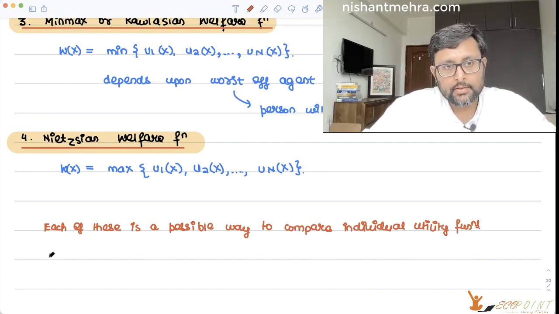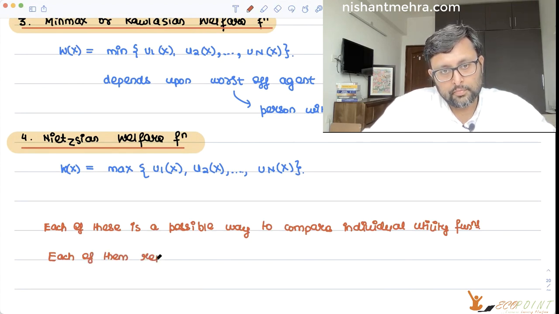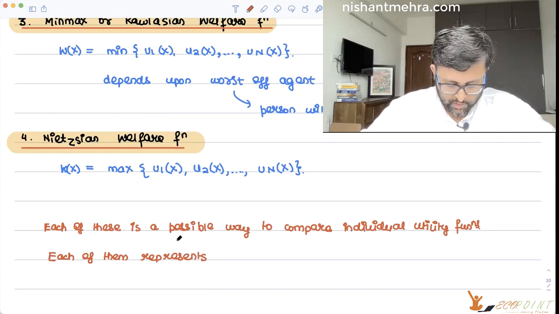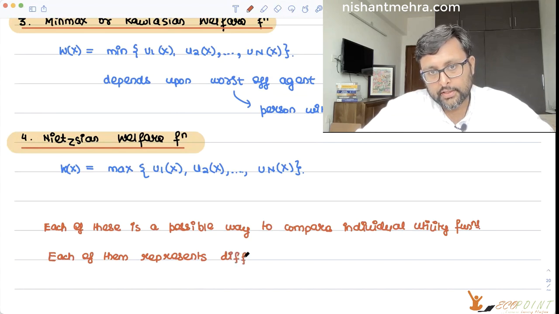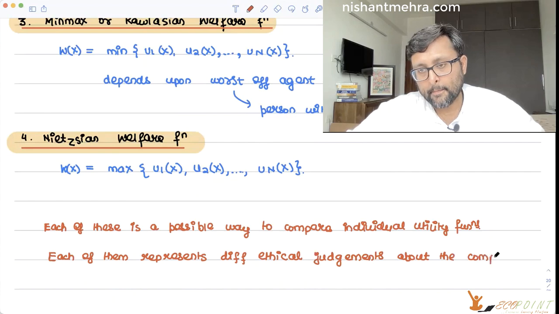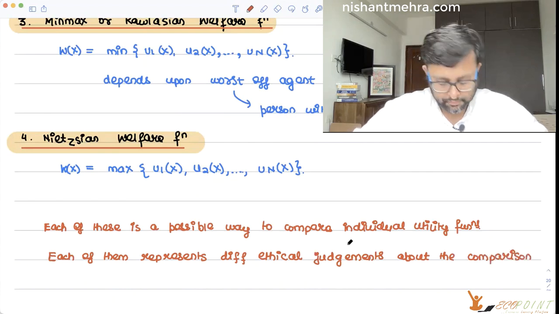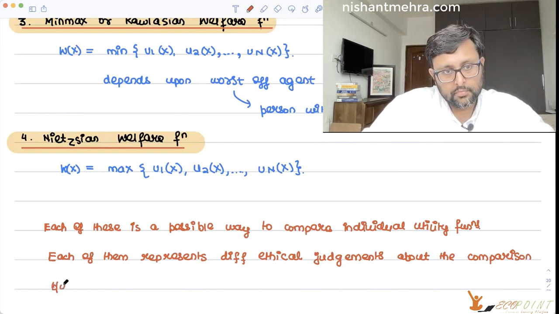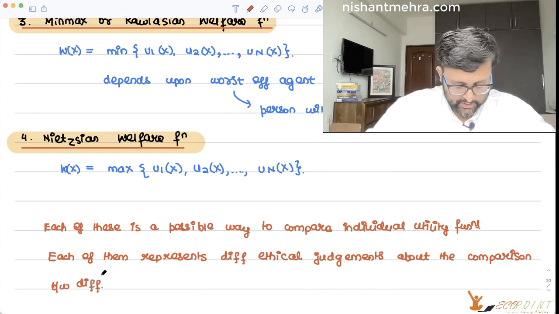And each of them represents different ethical judgments about the comparison between different agents' welfare.